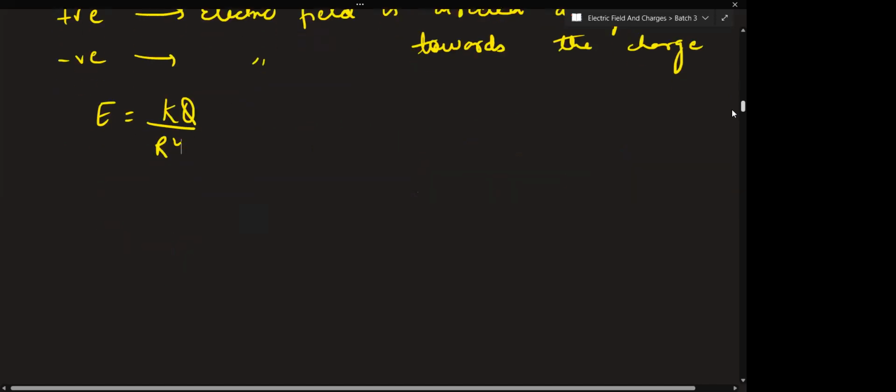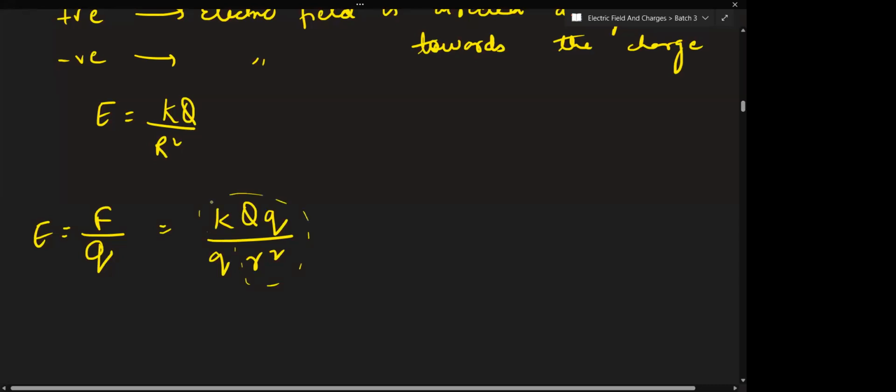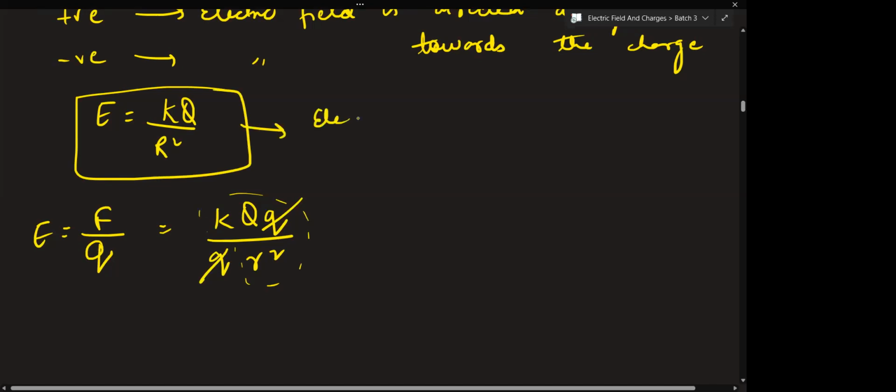See, force is what? Electric field is F by small q. Electric force is K Q q divided by R square. So q gets cancelled. This is the formula of electric field for a point charge.